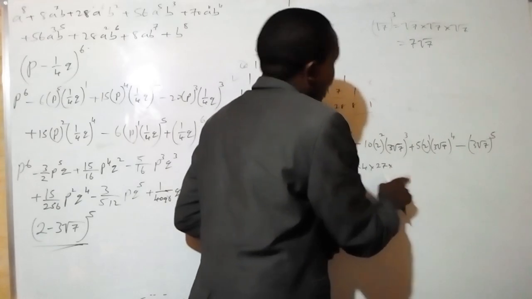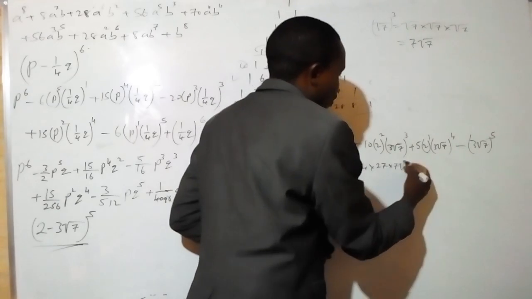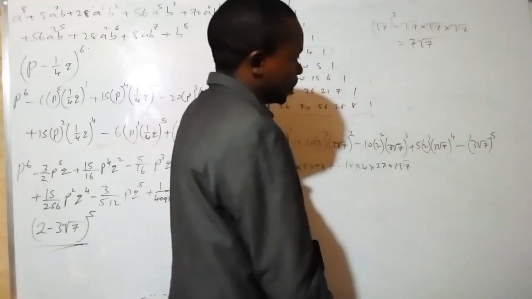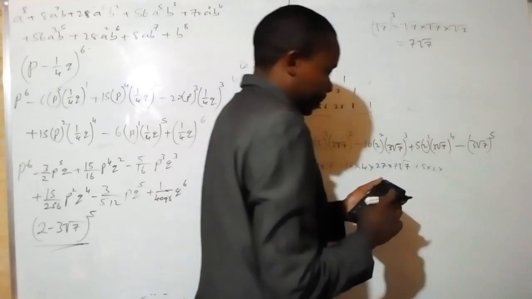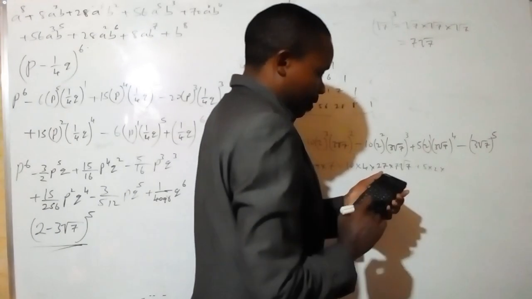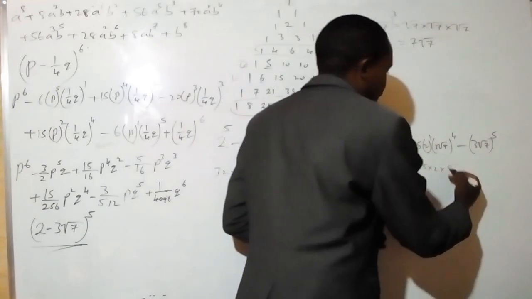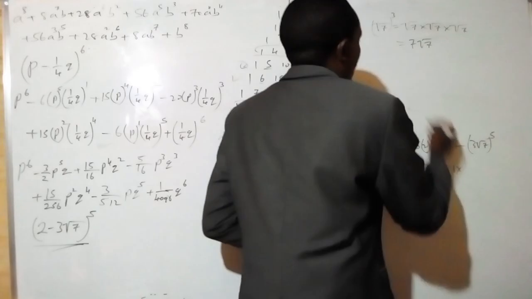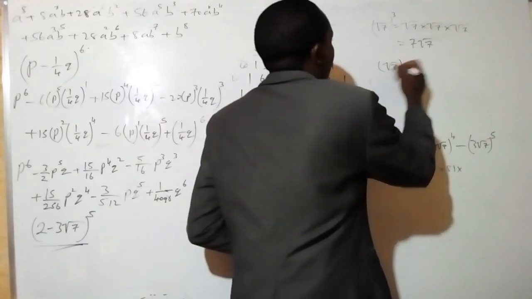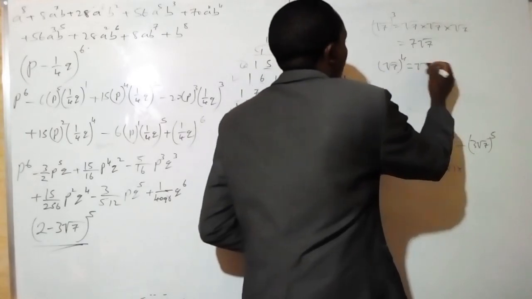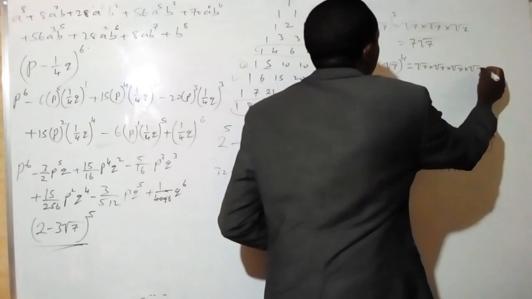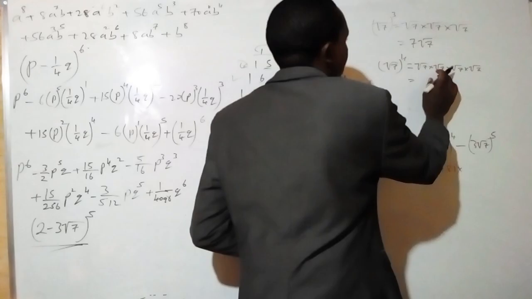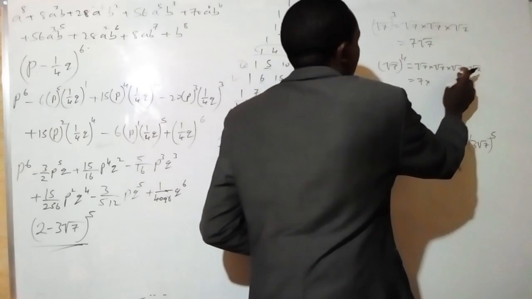7 root 7. Next, plus 5 times 2 times 3 raised power 4. 3 raised power 4 is 81, times root 7 in brackets to the power 4. This will be root 7 times root 7 times root 7 times root 7, which is 7 times 7, and this is supposed to be 49.